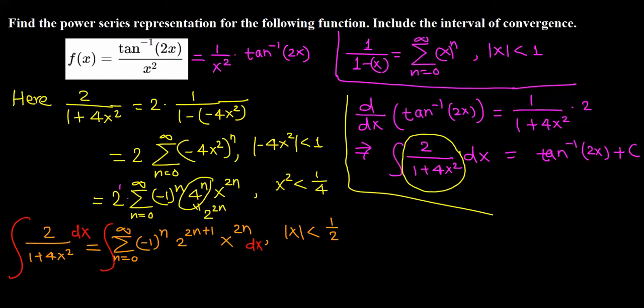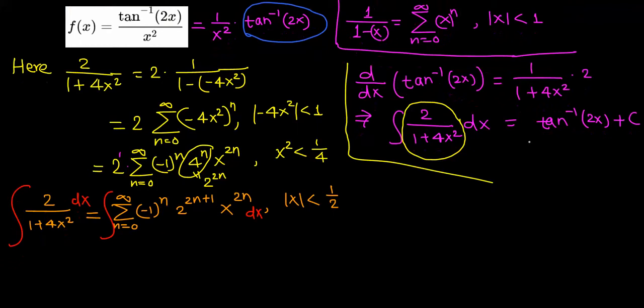Okay, our goal was to find the power series of tangent inverse 2x first, then divide by x squared to find the power series for the given function. Okay, let's integrate here. Then we get tangent inverse of 2x plus some constant is equal to, we can do term by term integration.